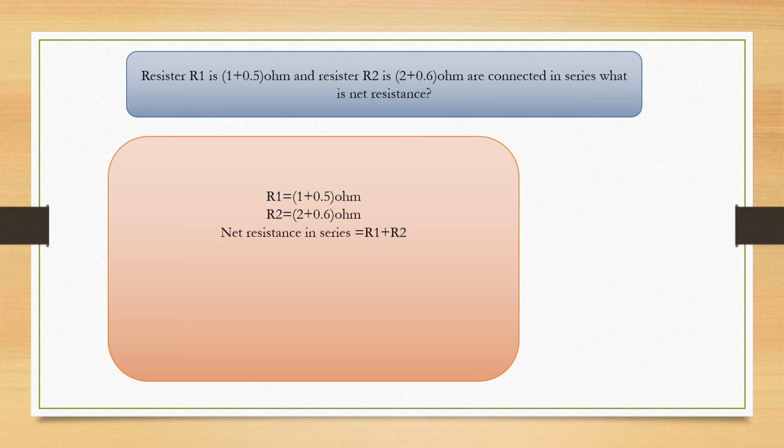The net resistance in series equals R1 plus R2. We know that in a sum of quantities, the error is the sum of the absolute errors of the individual quantities, that equals 0.5 plus 0.6. That is the error of the resultant resistance.